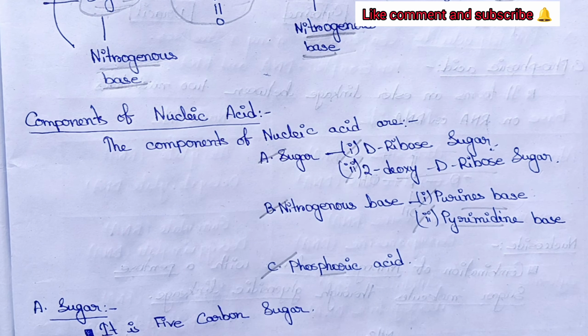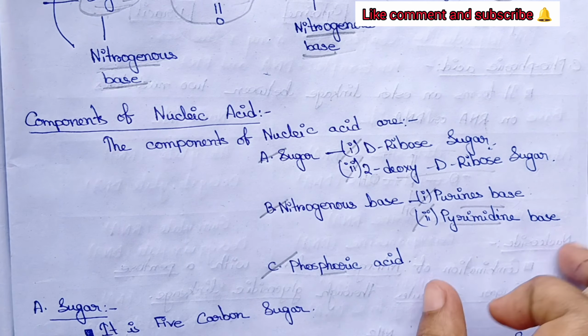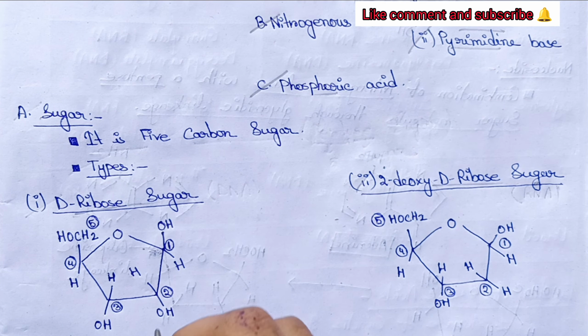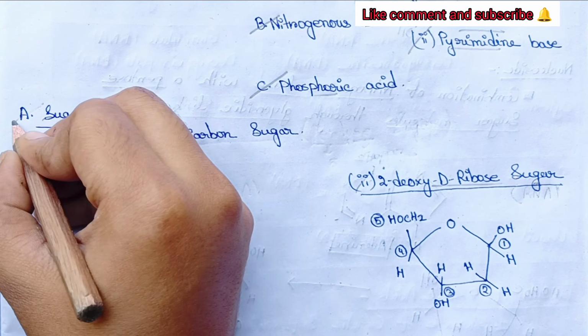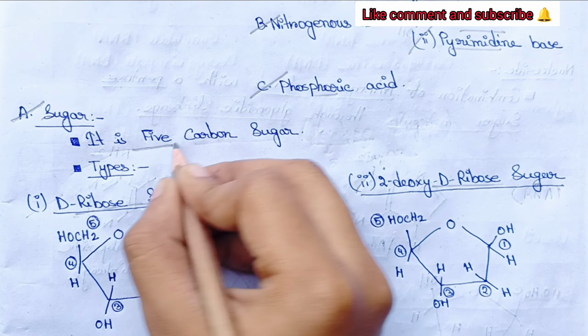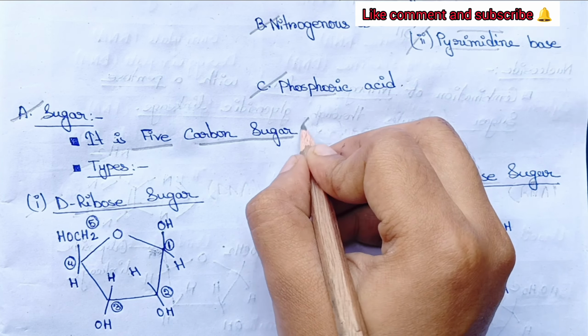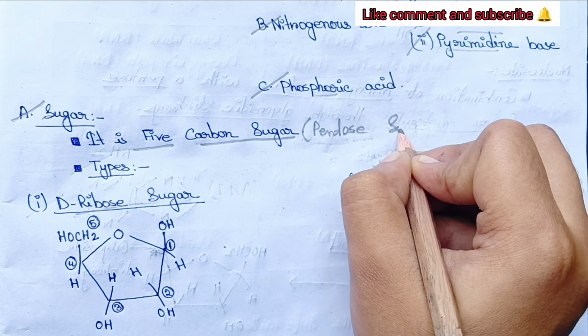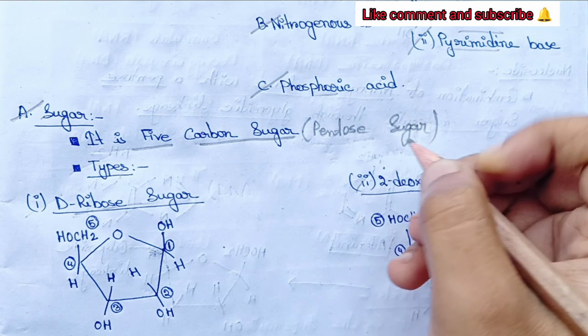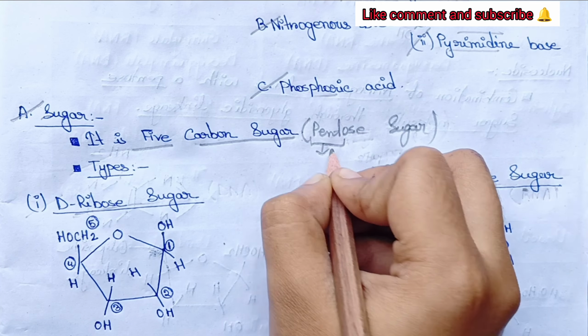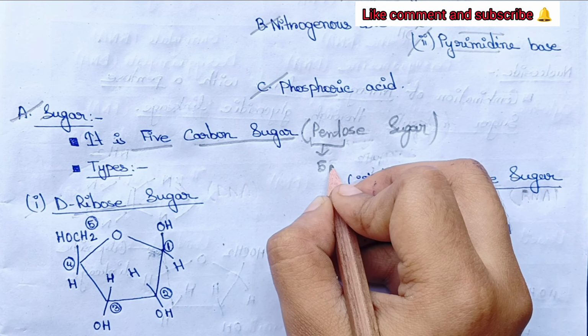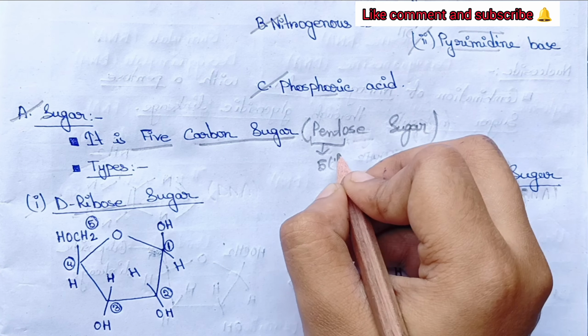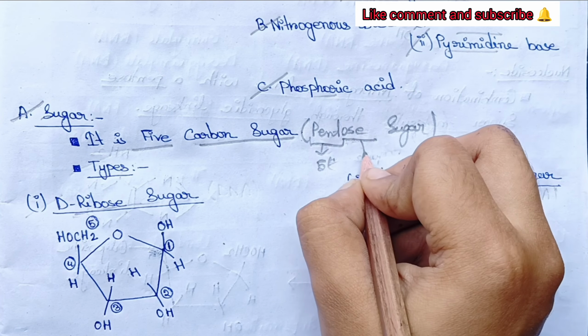Then the first component is sugar. It is a 5-carbon sugar that is also called pentose sugar, where pent means 5, coming from penta, and tose means sugar.